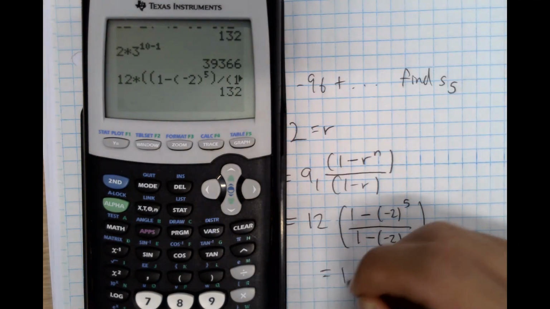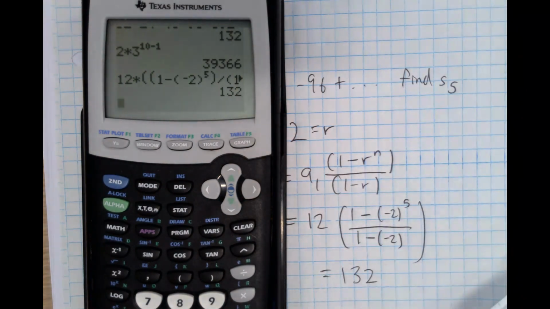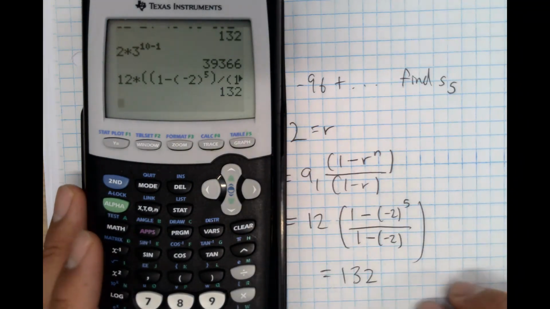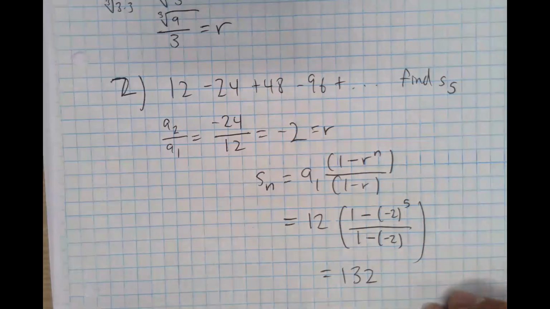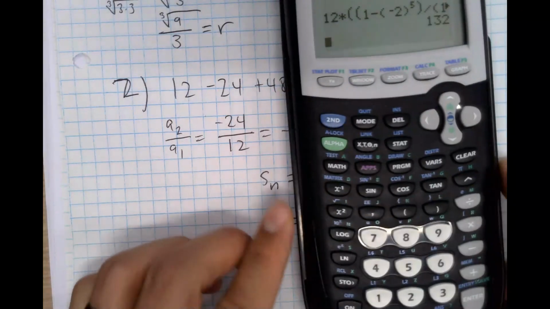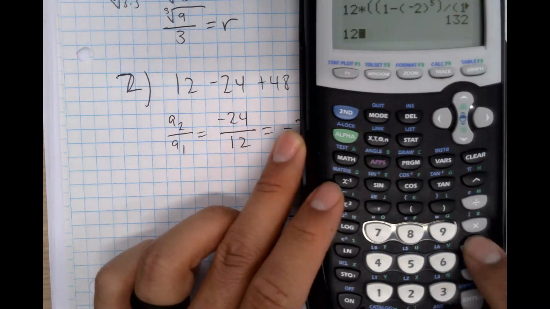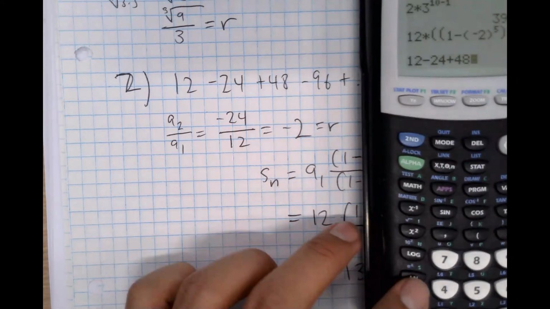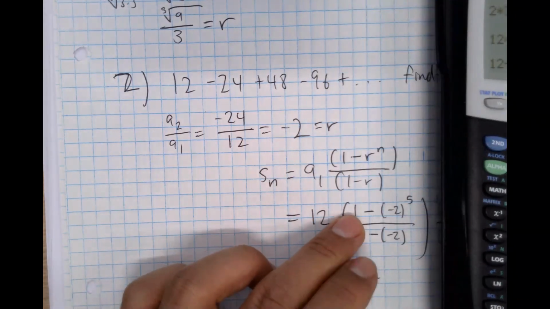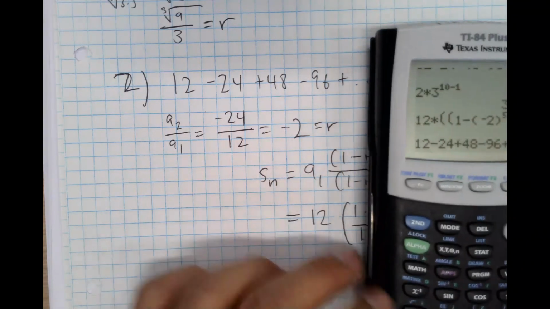132. So for this one, I can actually check. I will probably give you a partial sum which is larger, so you can't check. But you can see here that if I wanted to check, this series goes 12 minus 24 plus 48 minus 96, and then plus the fifth term would be 192.